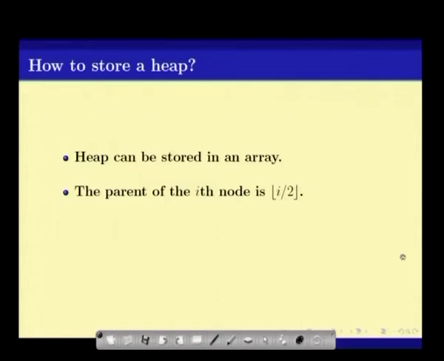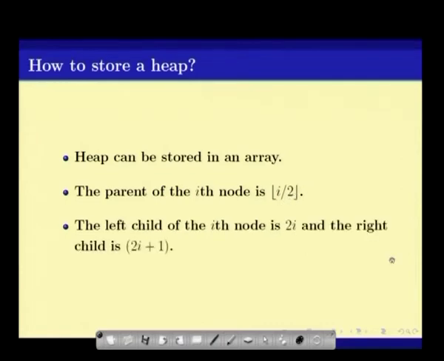The reason is that if the ith node is given, then the parent of the ith node is exactly equal to i by 2, the integer just less than or equal to i by 2. And in the case of the children, if i is the ith node, then the left child is given by twice i, whereas the right child is given by twice i plus 1.